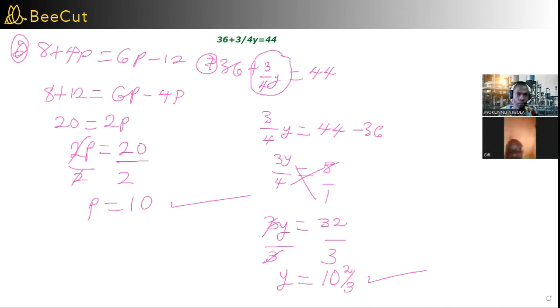So let's say we have something like: 10 minus 60 plus 5 equals to 5t minus 30 plus t.